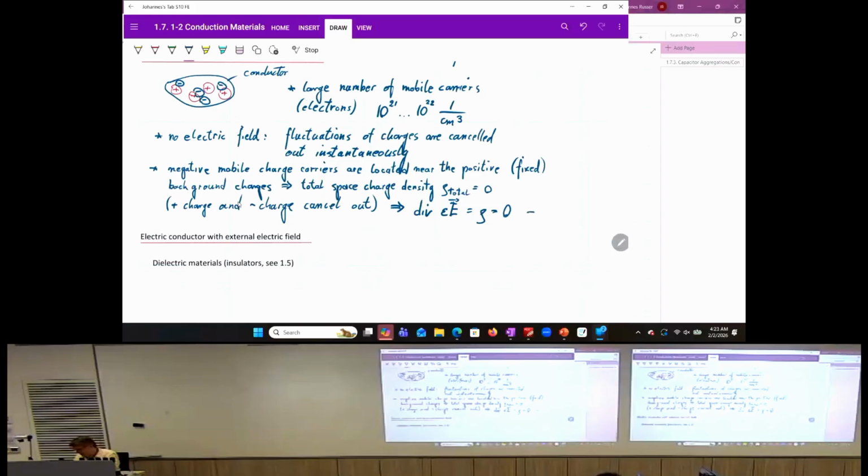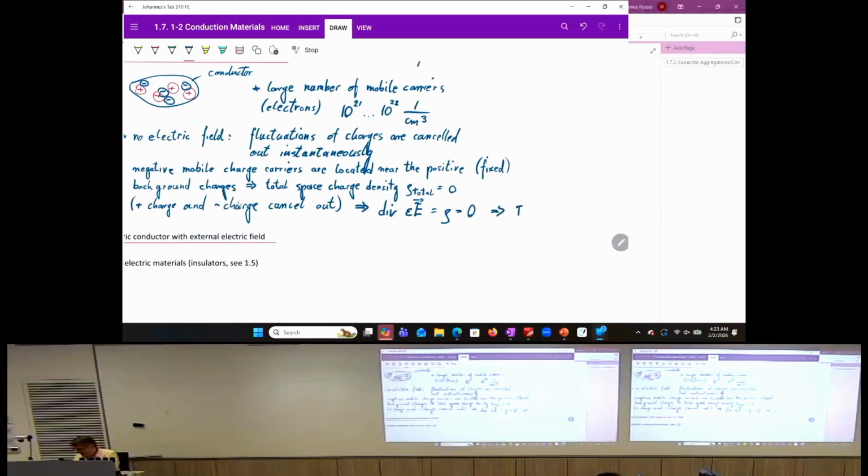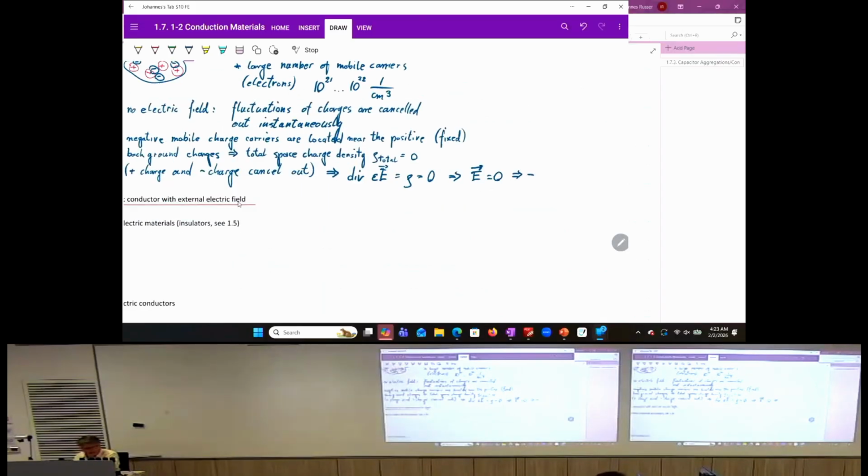And as a consequence, also the electric field is 0, because it is minus the gradient of phi. So the electric field is 0, and hence also the gradient of phi is 0. And for that reason, you also get a phi which is constant.